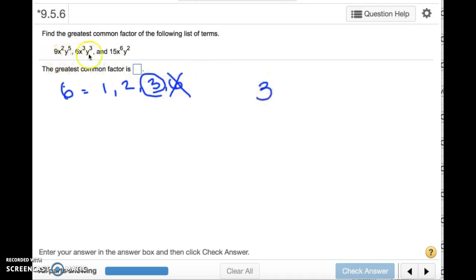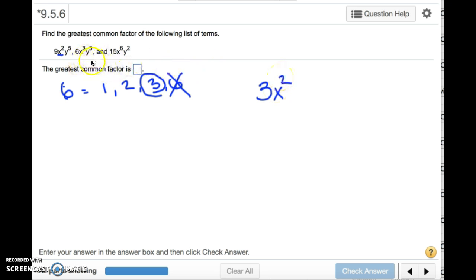And then I have to look at the variables. So I need to see how many they all have in common. Well, this one has 2 x's, this one has 3 x's, and this one has 6 x's. So the amount that they all have in common is they all have at least 2 x's. So I'm going to make that x squared.